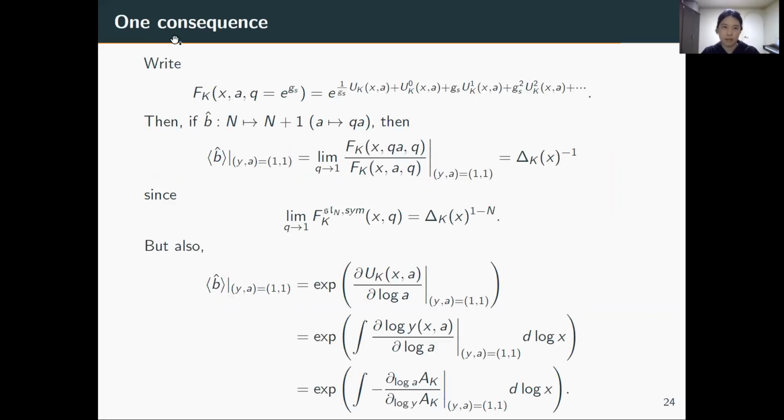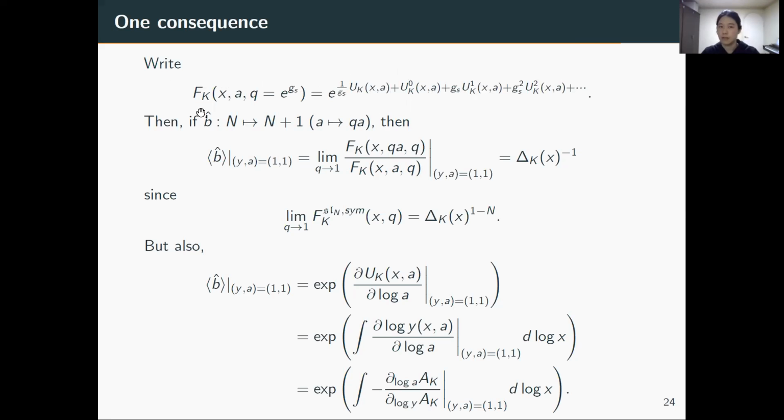Let me describe one consequence of this conjecture. Let's write F_K semi-classically. Since q equals e to the string coupling constant, we can write F_K as the exponential of 1 over the string coupling times the Gromov-Witten disk potential U_K, plus all the higher genus terms.